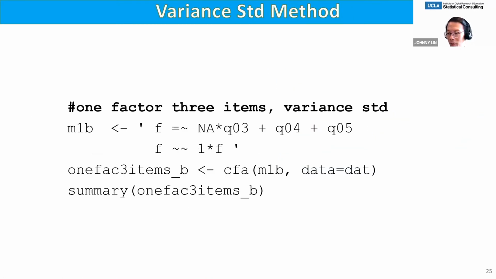Okay, this is where you have to pay attention. I mean, you guys are definitely paying attention, but this is where you have to think a little bit. It's not just that I can look at the syntax and understand it. Remember that NA is what we needed to free the parameter, and then 1 star fixes the parameter to 1. So what is this doing?